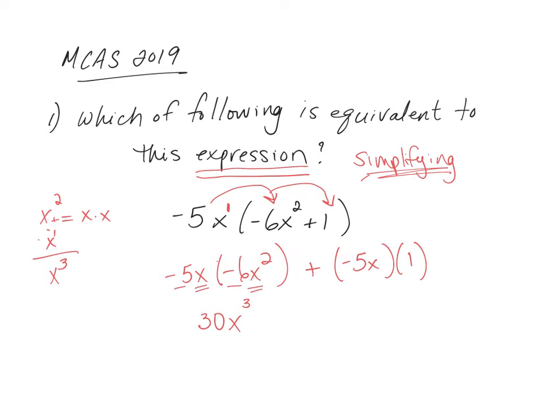Then we have negative 5x times a positive 1. Again, a negative times a positive gives me a negative 5x. And that's all you need to do for that. That would be your answer right here.